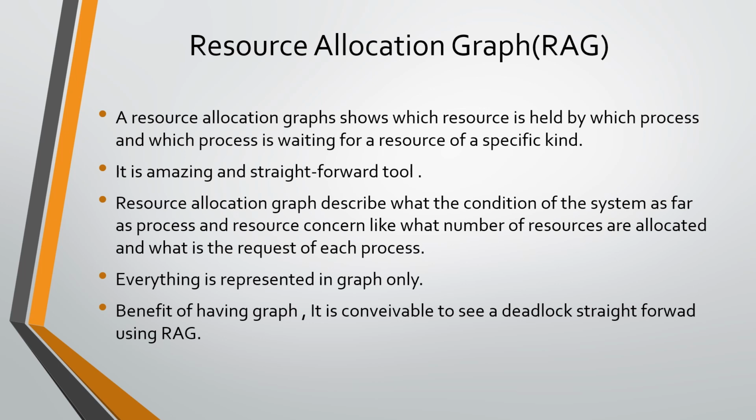It describes the condition of the system as far as processes and resources are concerned, like how many resources are allocated and what the request of each process is. Everything is represented in a graph. The benefit of having a graph is that it is easy to see a deadlock using RAG.